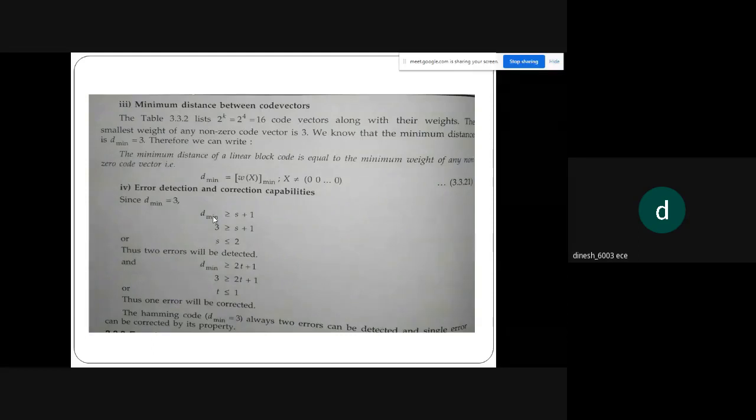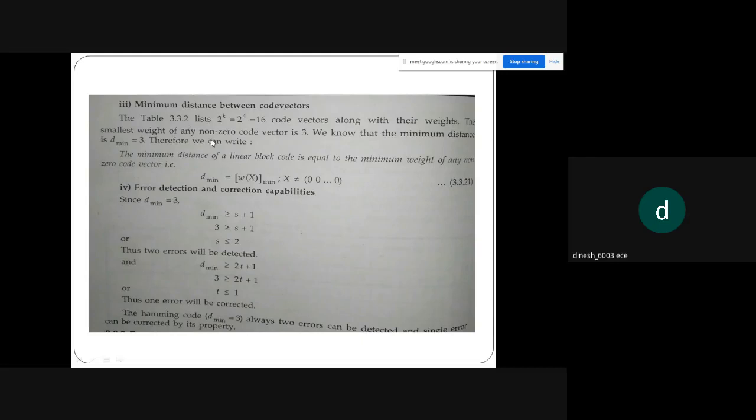So the minimum distance is greater than or equal to s plus 1. d minimum is known, which is 3. So 3 is greater than or equal to s plus 1. Take this one to that side, so 3 minus 1 will be 2. On rearranging, we get s less than or equal to 2. So this is your detection principle: s less than or equal to 2.